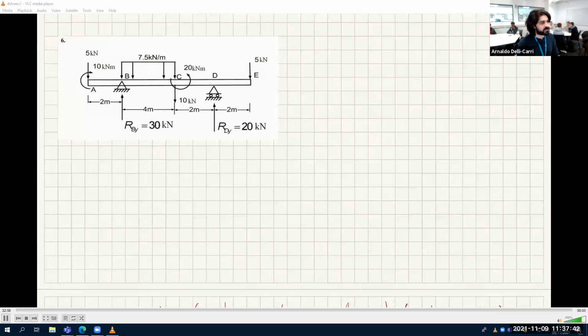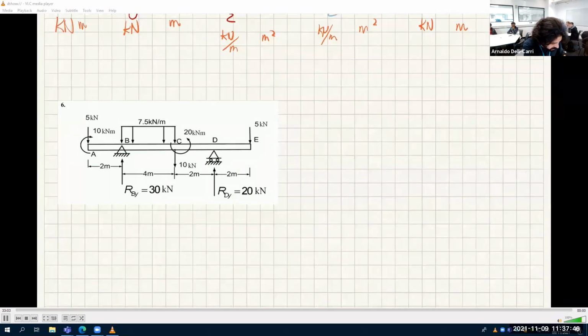Okay, so let's do this. Let's start with the easier one, which is the 5 kilonewtons load.